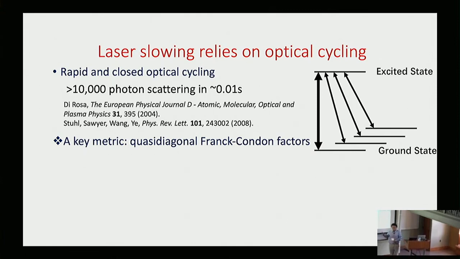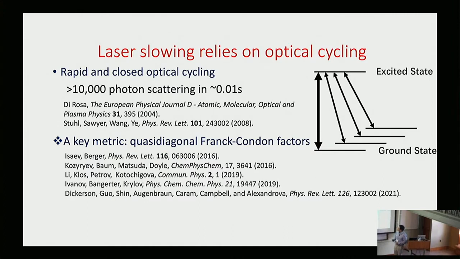And also a lot of effort goes into working on one molecule. One key metric is that we would like Franck-Condon factors that are as diagonal as possible in these molecules, assuming that the Franck-Condon factors fall off when you go to higher vibrational states.